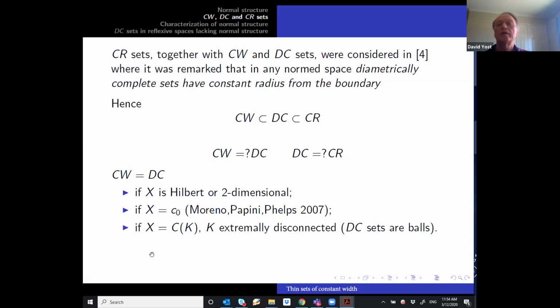It's also true in a space of continuous functions if the domain space is extremely disconnected, because in this case, diametrally complete sets have to be balls. This is a generalization of the fact that in a two-dimensional space, the parallelogram is irreducible.